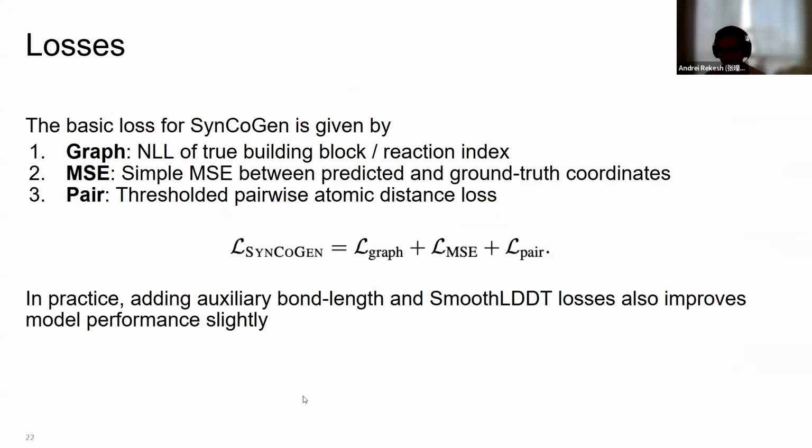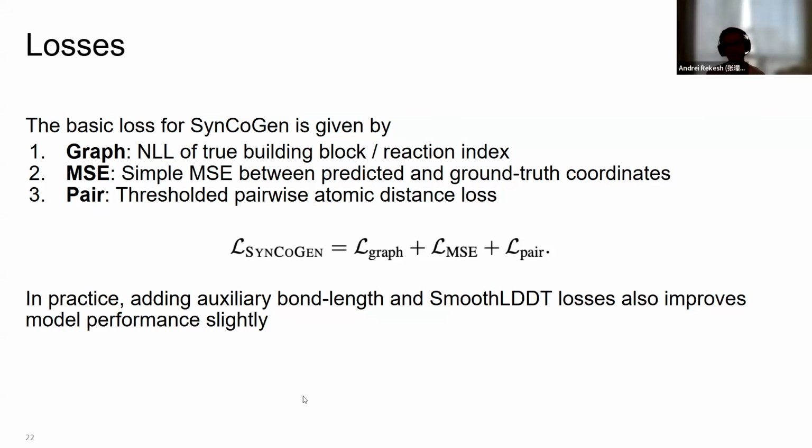Honestly, I never tried simply swapping out pairwise distance loss for smooth LDDT loss, and I'm aware that they basically encode the same information, just with different thresholds and smoothness.